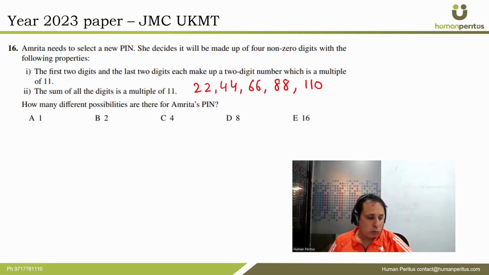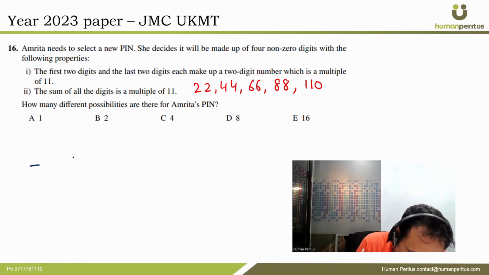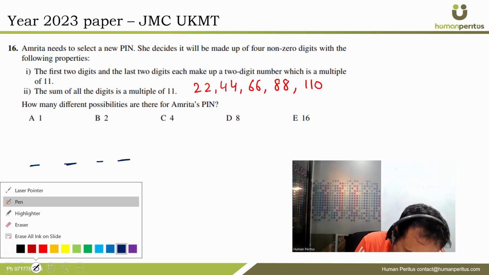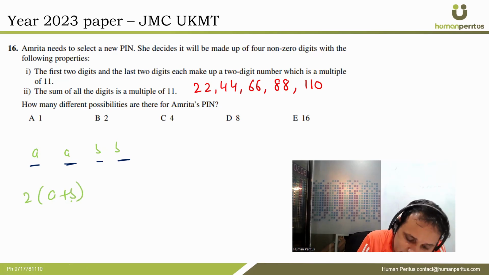Now these 4 slots are to be filled, and I told you it is A, A, B, B, which is nothing but 2 times (A plus B). A plus B is the sum.